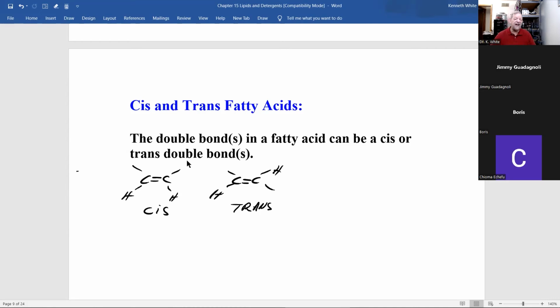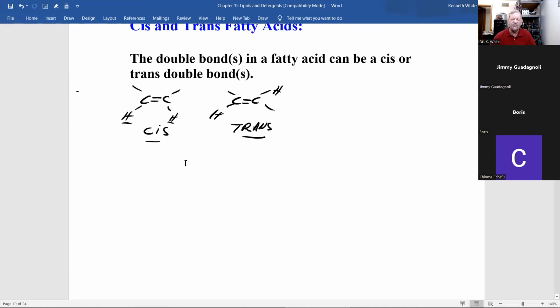And in oleic acid, if you have a fat or oil or fatty acid where the hydrogens on the double bond are on the same side, it's a cis fatty acid. If they're opposite, it's a trans fatty acid. Now, let's think about this. And this is something you should know for your personal life.